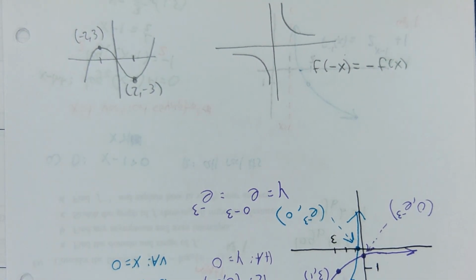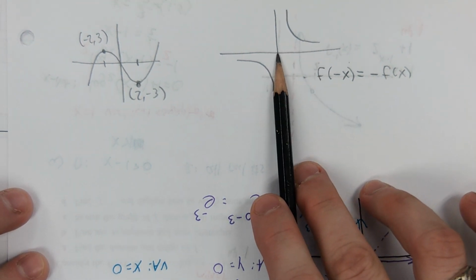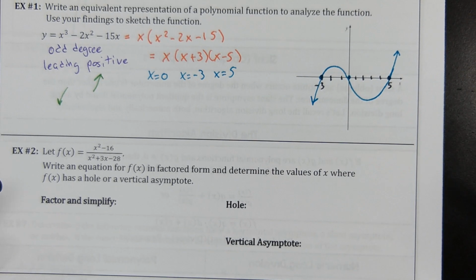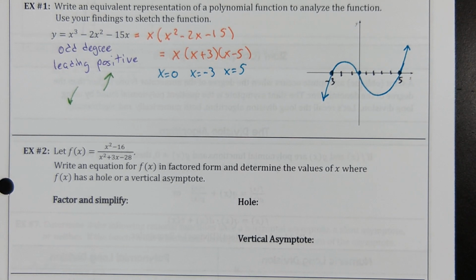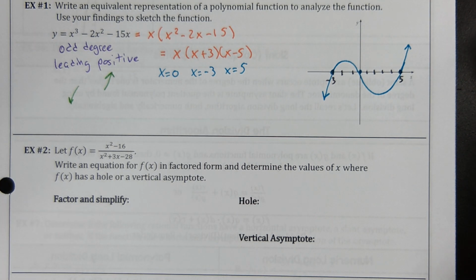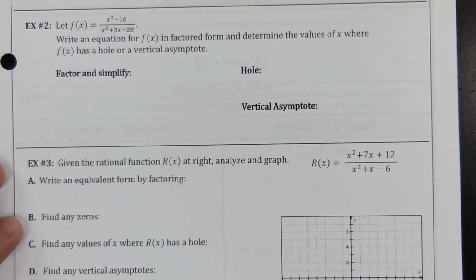Changing the symbol on the x has the same effect as changing the symbol on the y. Now, do they have to always touch the origin? No, they just have to be symmetric around the origin. This one touches the origin, but it is not symmetric around the origin, so it can't be an odd function. It is an odd degree, but it's not an odd function. So that was just a little bit of review and see what would happen. Okay.